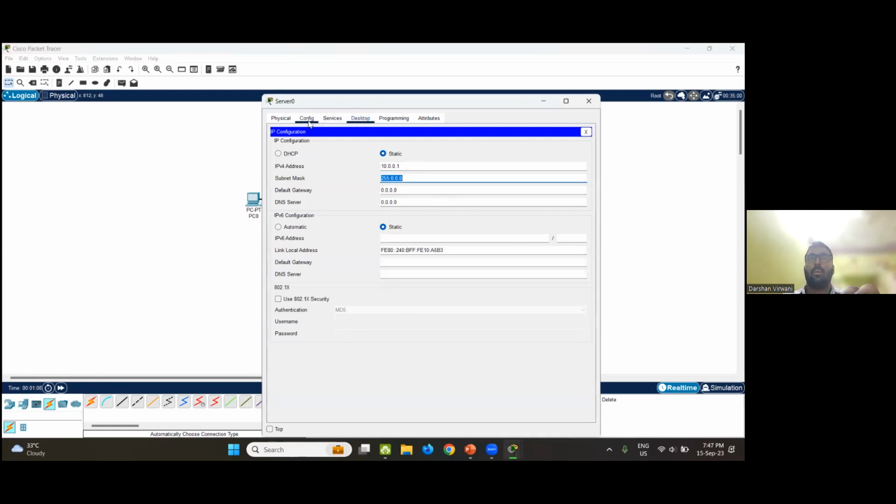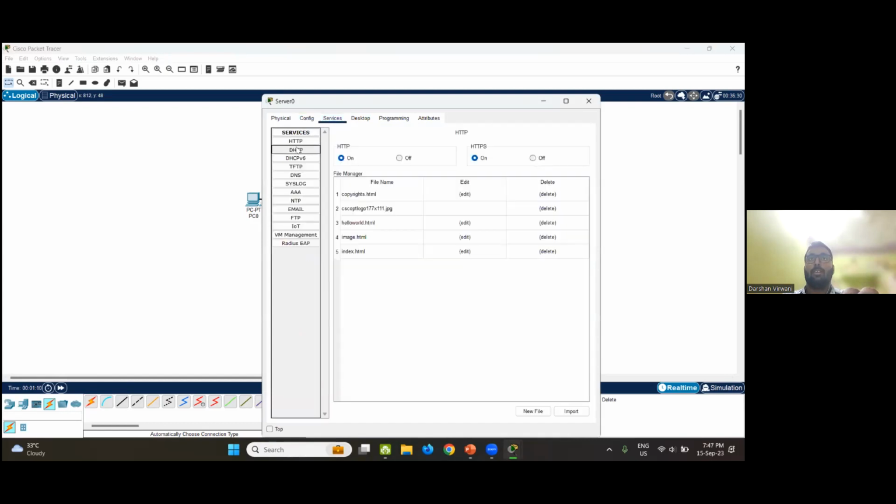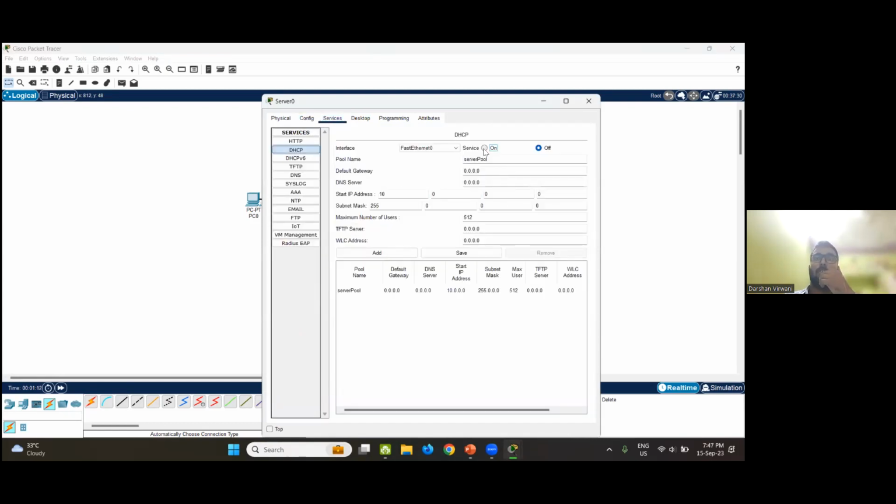255.0.0.0, and I will turn on the DHCP. What does DHCP mean? DHCP means Dynamic Host Configuration Protocol. What does it do? Suppose I have a server like we are using now, and I have 30 systems in my institution. I don't need to go and give a particular IP address to every system.